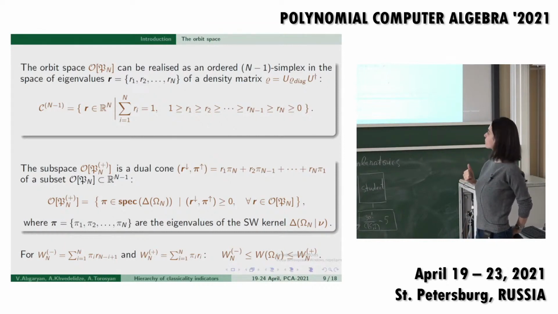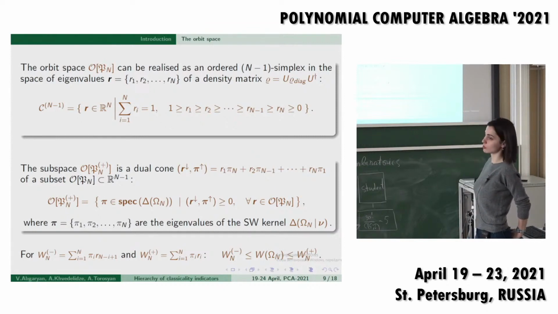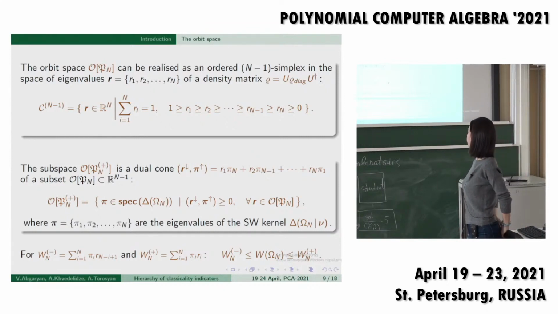It's defined as an ordered simplex n-1, and the subspace where the Wigner function is positive may then be defined by this dual cone, where the eigenvalues of the density matrix and the Stratonovich-Weyl kernel are composed in this particular way.